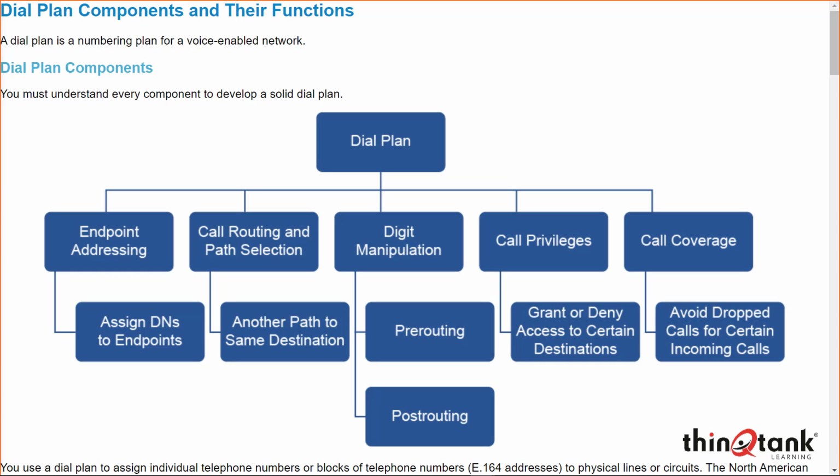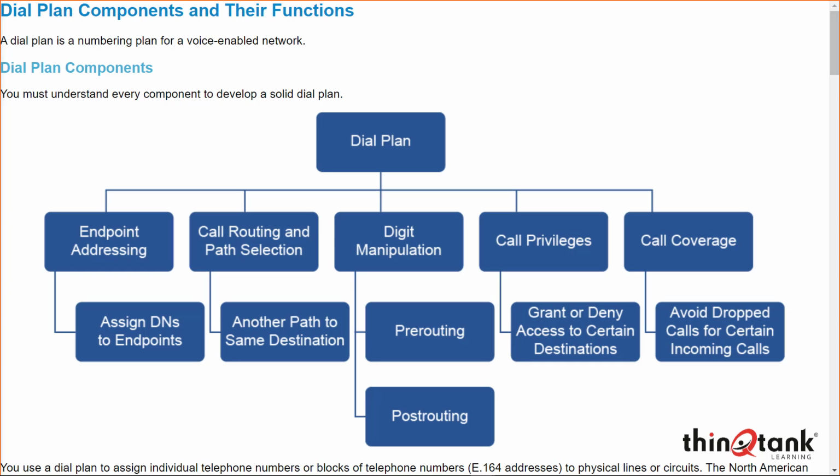But any number that starts with 2 through 9, well, that's basically the whole range of numbers that are available. So if I didn't have an access code to identify that I'm actually trying to dial the PSTN, basically every one of my phone numbers would overlap, because I would have to be able to identify the difference between a PSTN pattern and maybe an internal pattern that I might be dialing internally. So digit manipulation is a big part of setting up the dial plan as well.